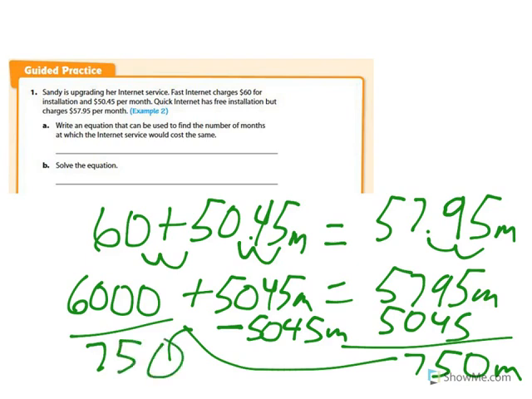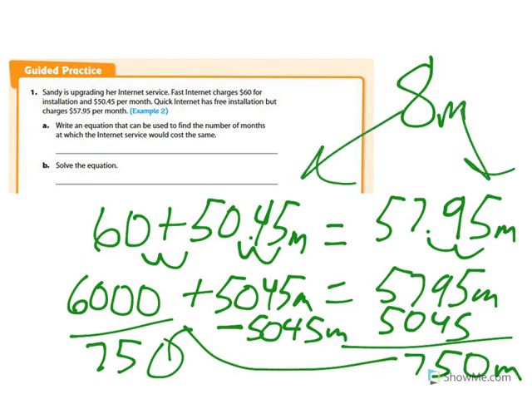That's one you want to probably break out the calculator with. If you want to show your work, you can. But as long as you've got one, you might as well use it, right? So 6,000 divided by 750, we get 8. They were asking to find the number of months at which internet service would cost the same. So for 8 months, that is how they would be balanced.